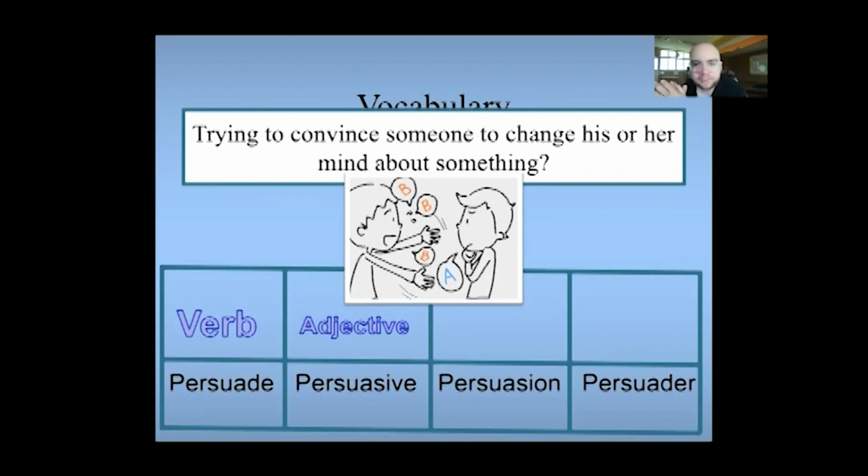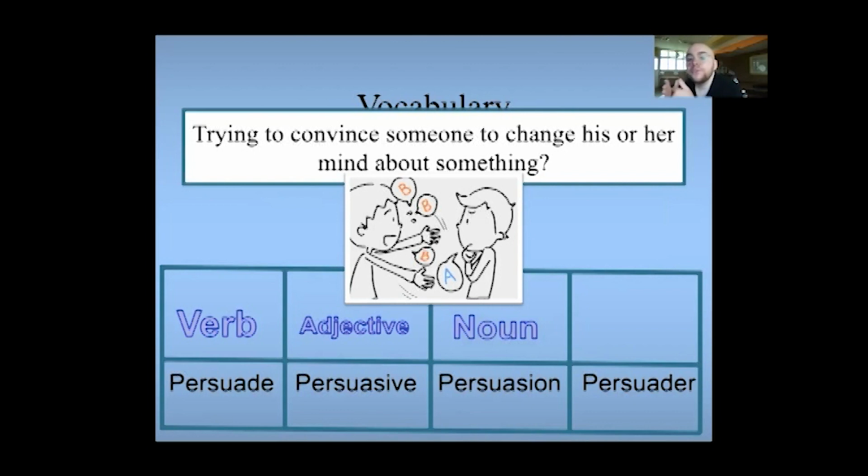Now, this is important in all kinds of job contexts, all kinds of areas of life when you have to persuade somebody. Maybe it's just a friend, or a teacher, or somebody traveling, somebody in a restaurant, a customer, for example.